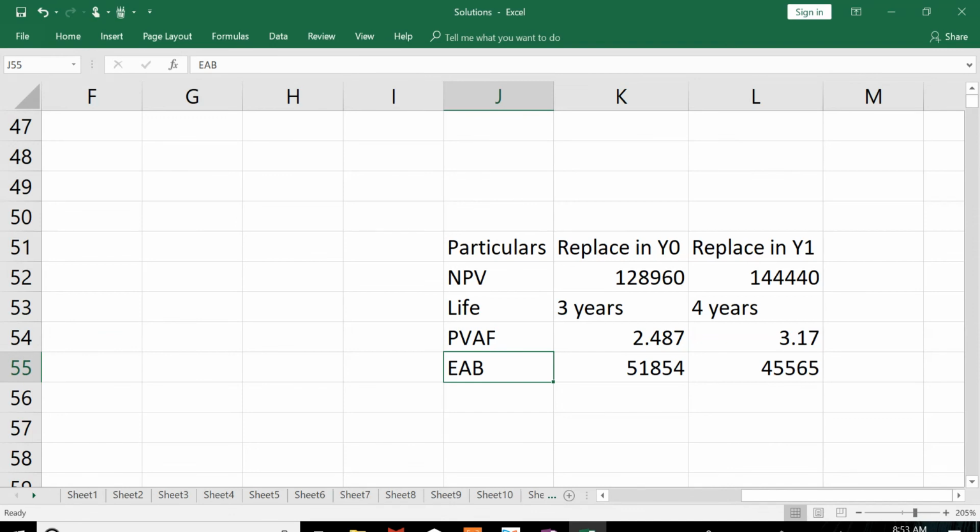EAB. Clear? Any doubts on the EAB part? Now, based on the EAB, you will have to write your decision, and the decision is what? Replace in year 0.